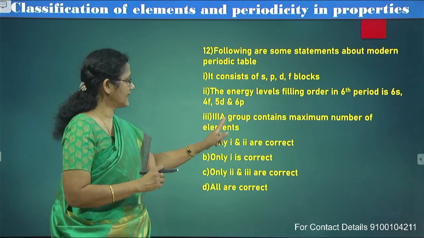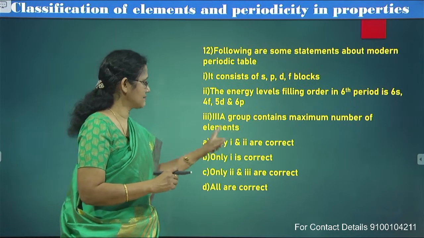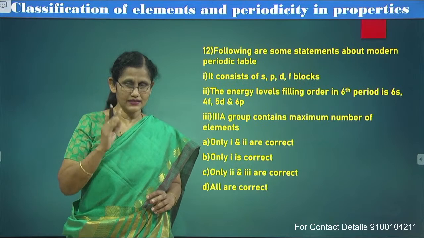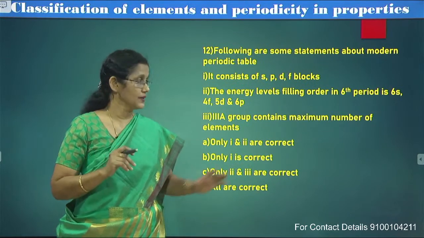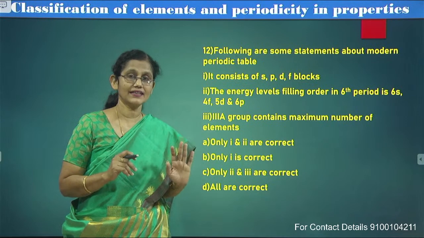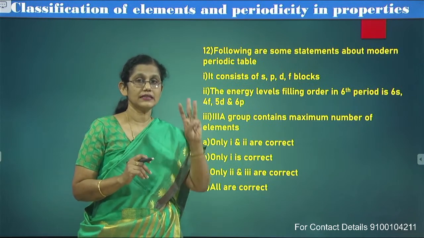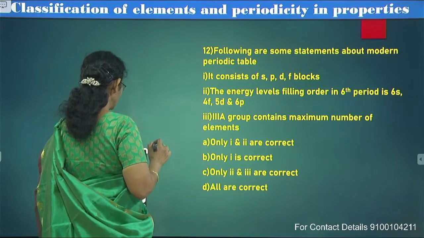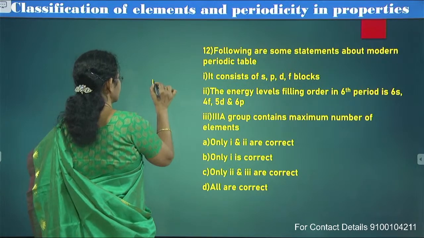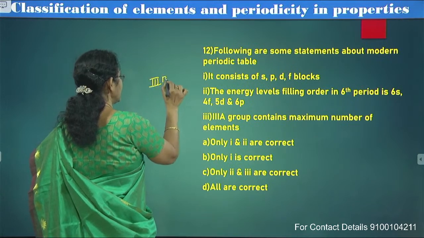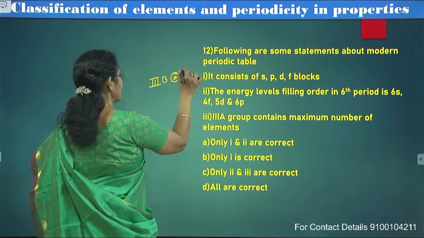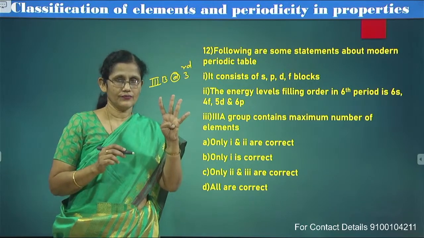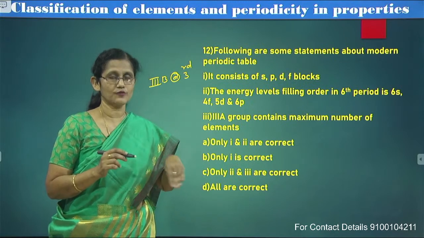Now, third A group contains the maximum number of elements. Is this a correct statement? Third A group means 13th group, p block. Will it contain maximum elements? No. It is the third group or 3B group. Originally the third group has 4 elements, and 14 lanthanides and 14 actinides should be placed here.